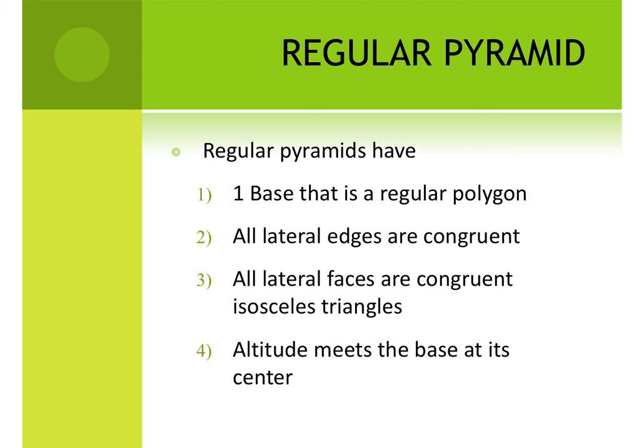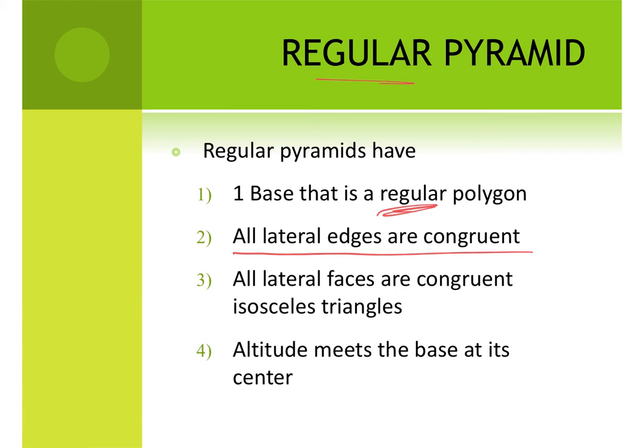A regular pyramid has one base that is a regular polygon, okay? So as long as your base is a regular polygon, all the lateral edges are congruent. All the lateral faces are congruent isosceles triangles. And the altitude meets the base at its center, okay?